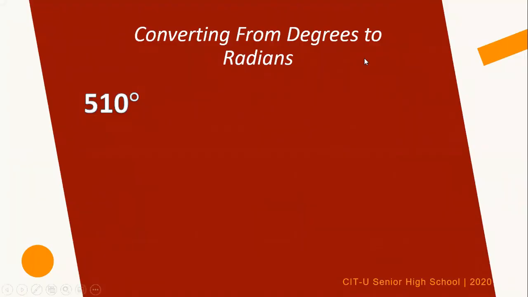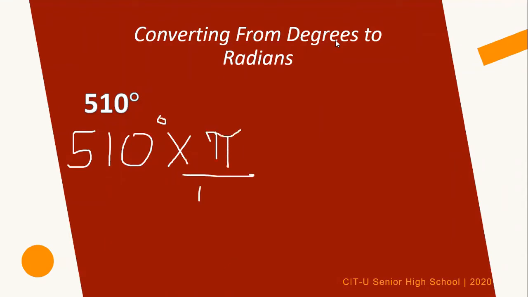Another example, we have 510 degrees. Now, how do we convert it to radians? First, we have 510 degrees multiplied by pi over 180.